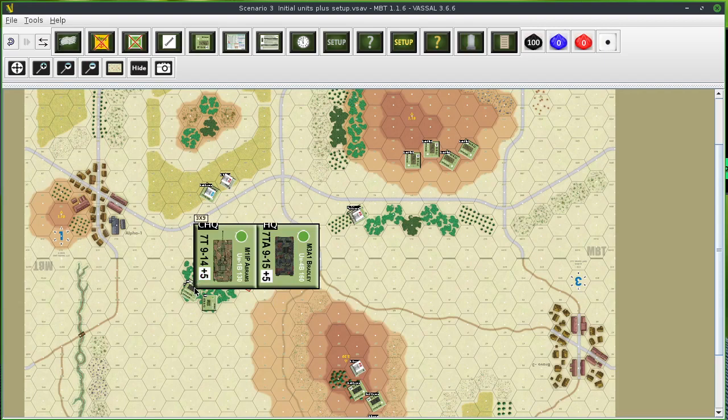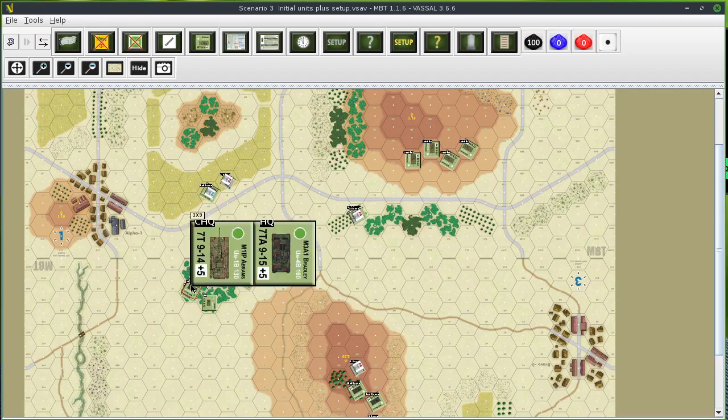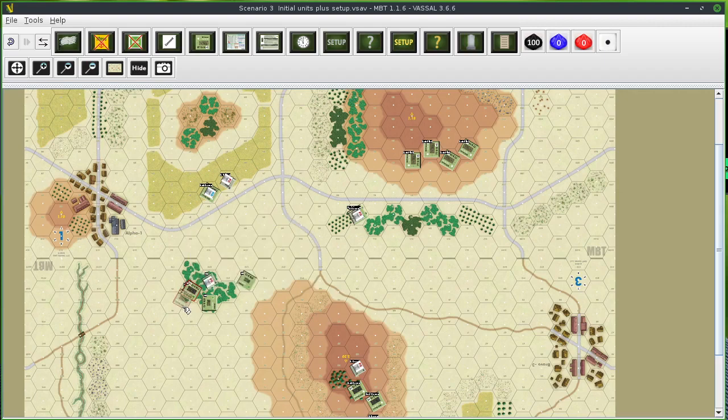Yeah, there's the Command Bradley, the Command Bradley with the Bradley with the TOW missile. I can move that forward. Let's turn that. All right. I can put that right there.